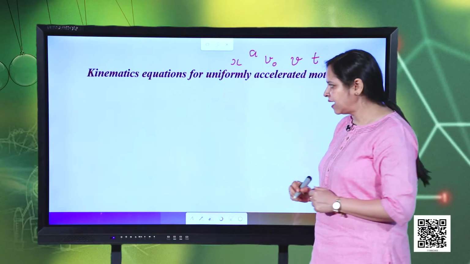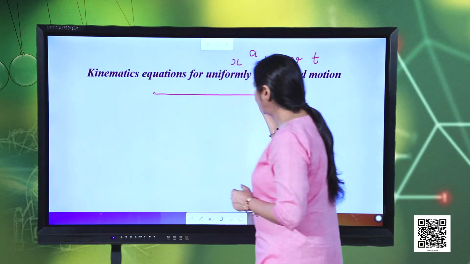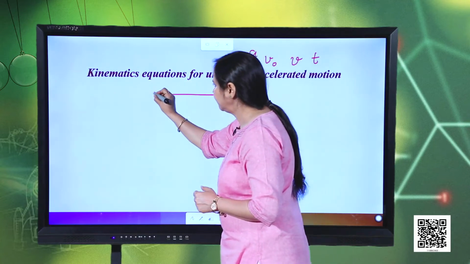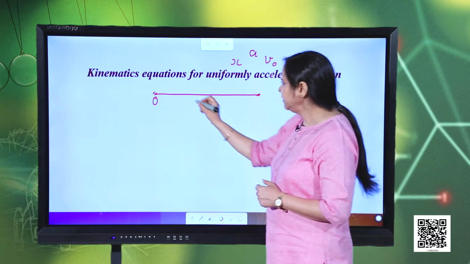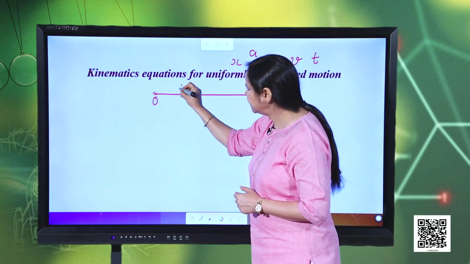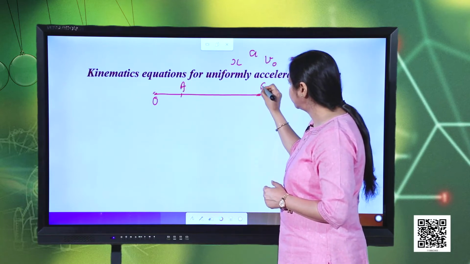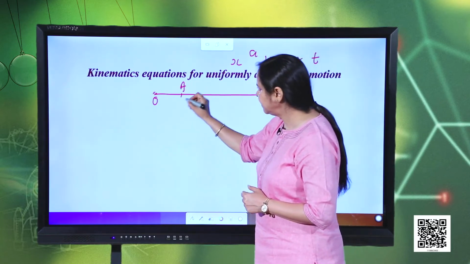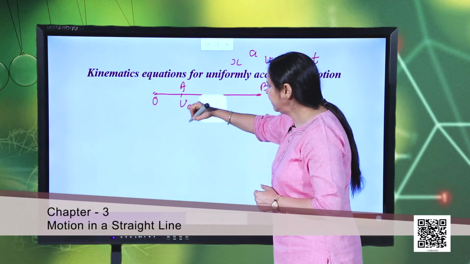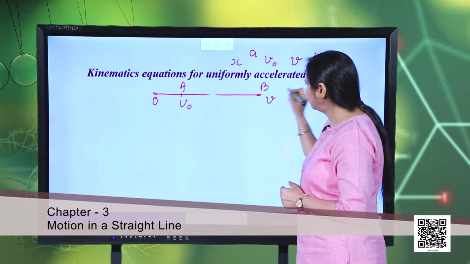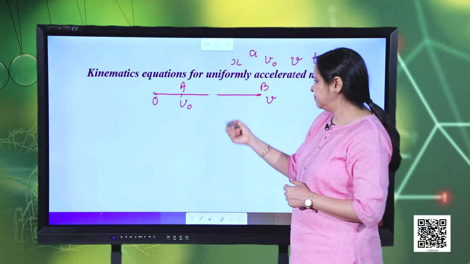For this, I consider a situation: suppose a particle is moving between these 2 points. This is the origin, and at any instant the particle is at this position A, and let B be the final position. Suppose at A the velocity is v naught and at B the final velocity is v.